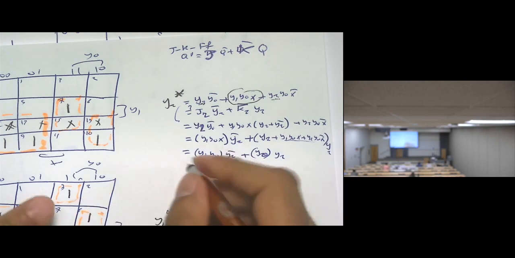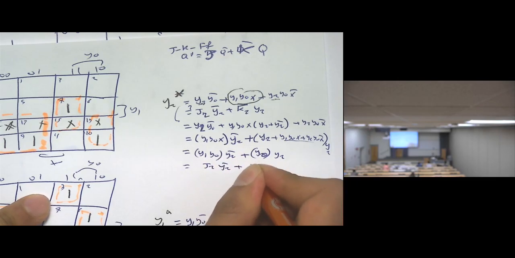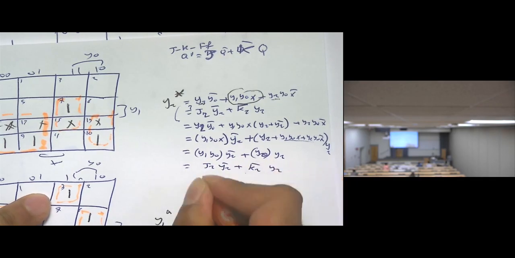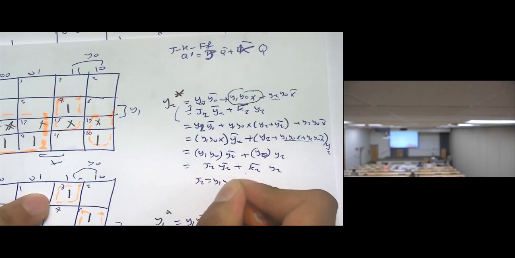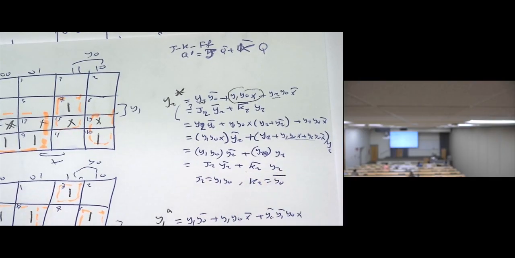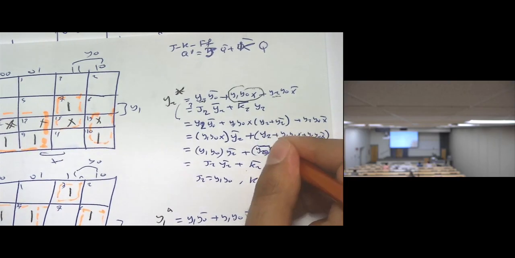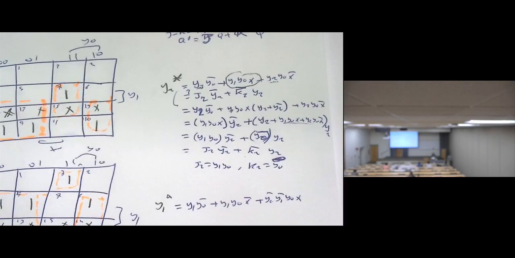So as a net, this will equal j2 y2 bar plus k2 bar y2. This means j2 equals y1 y0 and k2 will be y2 bar, not y0 bar, so the bar is here.